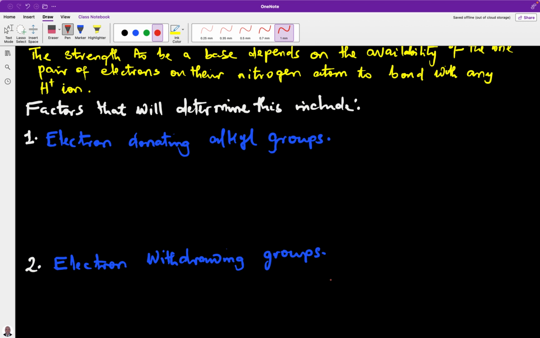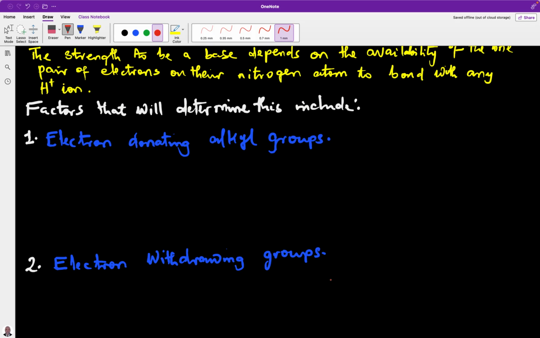These groups release electrons on the nitrogen, increasing the electron density on the nitrogen and making electrons available to be used for a dative covalent bond with a hydrogen ion. In that case, it gives that amine a high basicity.